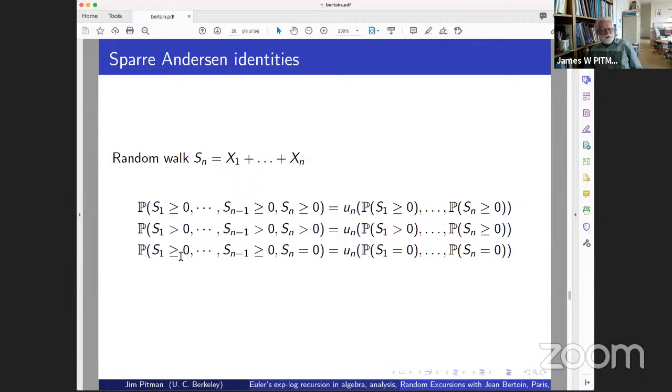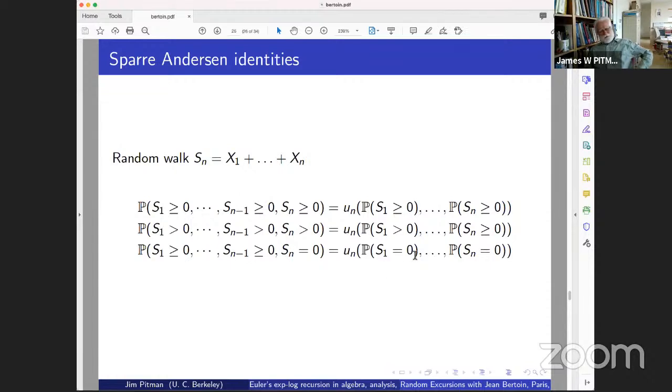And there's another very interesting one. We're talking about returns. This is the probability of a return through non-negative values. Maybe I have a mistake. No, that looks correct. Yeah.